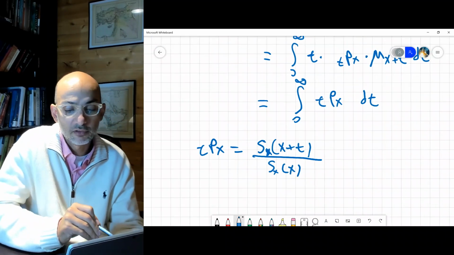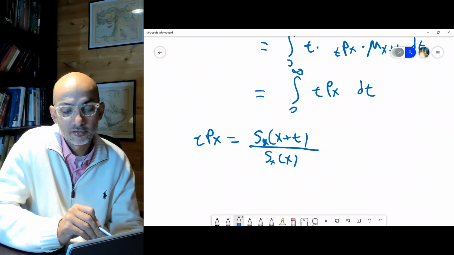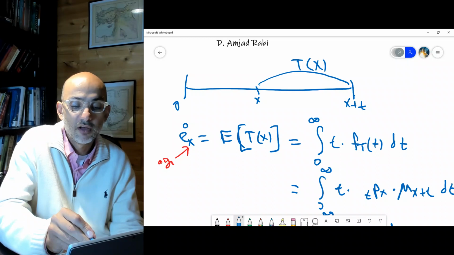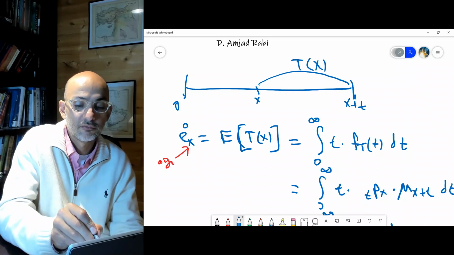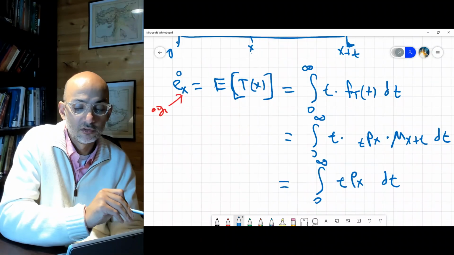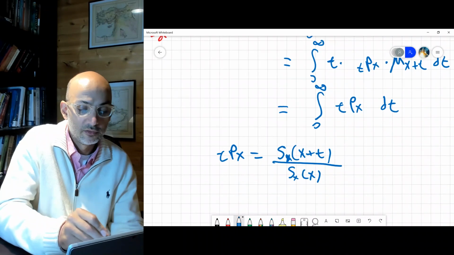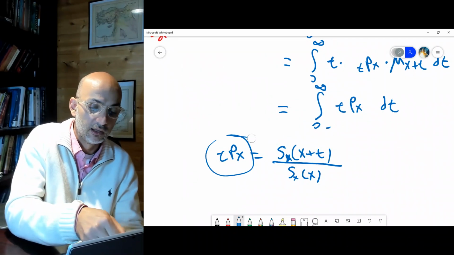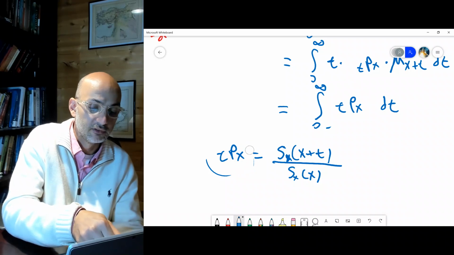So the survivor function of x plus t divided by S of x. Basically, you are saying the probability to survive to here, if you are here, is the probability to survive to there divided by the probability you already survived here. It's a conditional probability. So this one you can plug in here and then you calculate your expected lifetime.